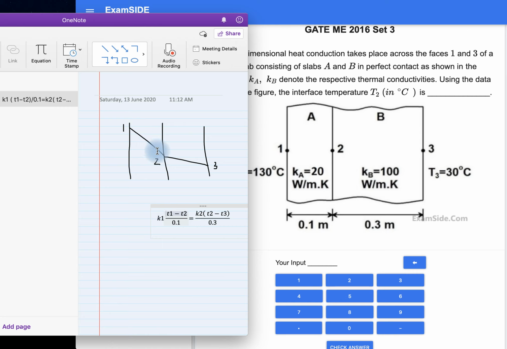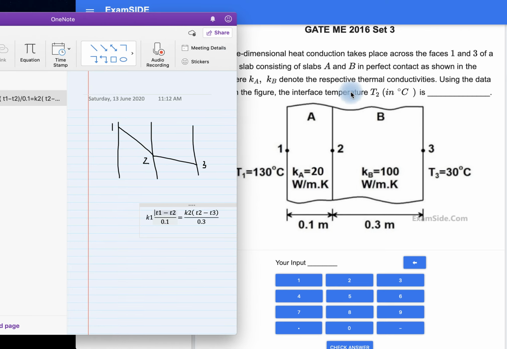The slope is more, the temperature drop is more from 1 to 2 as compared to 2 to 3, because here conductivity is less, that is 20. So T1 minus T2 should be more. Since K2 is more, T2 minus T3 will be less, so this line's slope will be less as compared to the slope from 1 to 2.